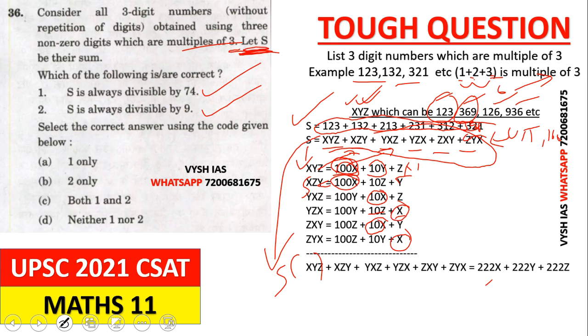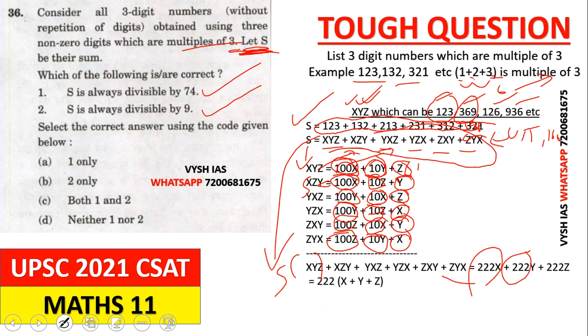Same like that for y: 100y, 200y, 210y, 220y, 221y, 222y. Then 100z, 200z, 210z, 220z, 221z, 222z. This is the thing which you get.